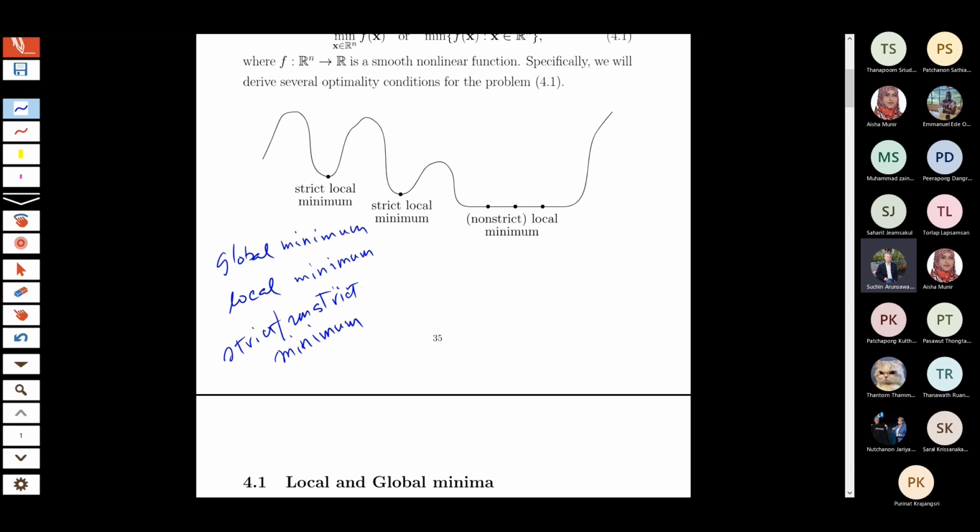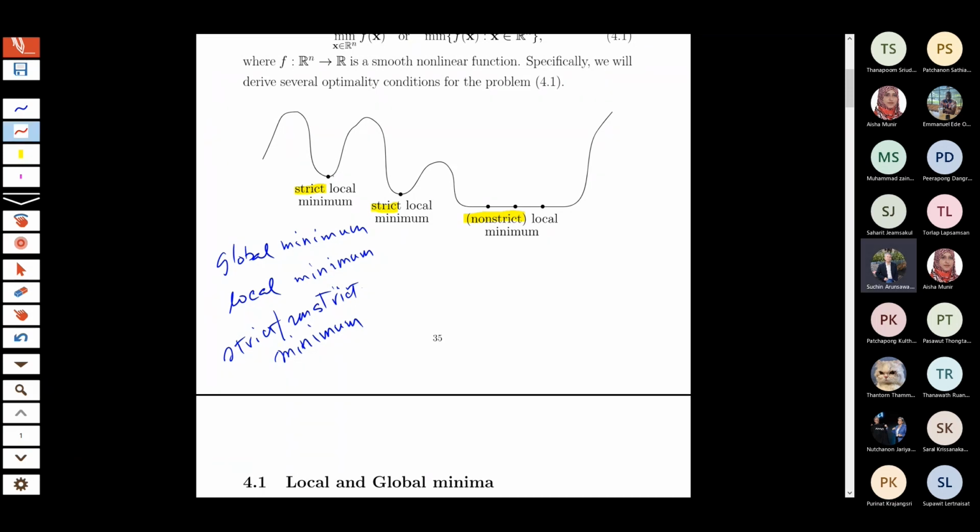Now let's look at the words strict and non-strict. What are they? Strict means that in the vicinity of the local minimum, there is only one minimum point in the neighborhood.